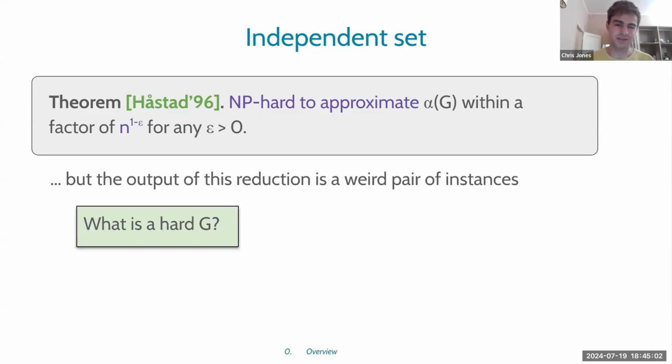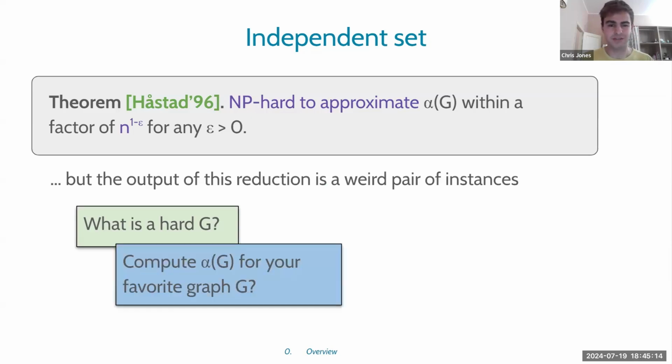Can you just give me a natural graph G such that it appears to be hard to compute alpha G? What is a particular hard graph G? The second question that I have is, let's say that I have a graph G which is not a hard instance. Can I compute alpha G for my favorite graph G?